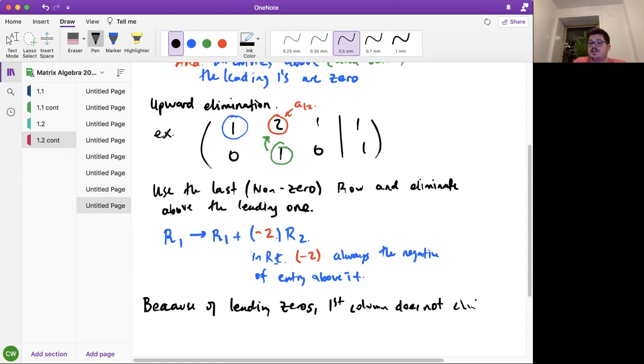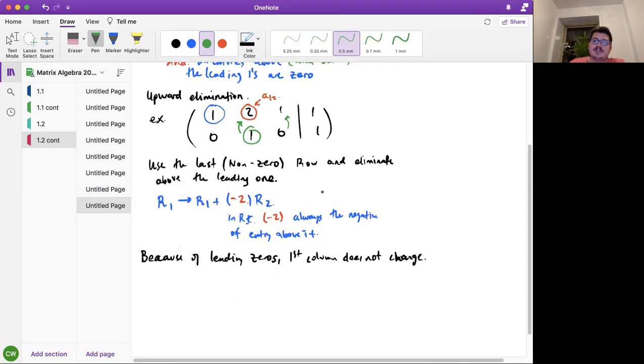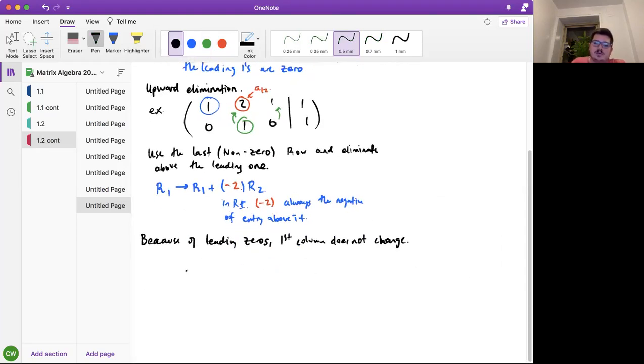We wouldn't want it to change also, because this was nicely put into a row echelon form, and if it were to change, it would ruin the row echelon form. And yes, as a consequence, this also does not change. Yeah, so let's say what that gives us.